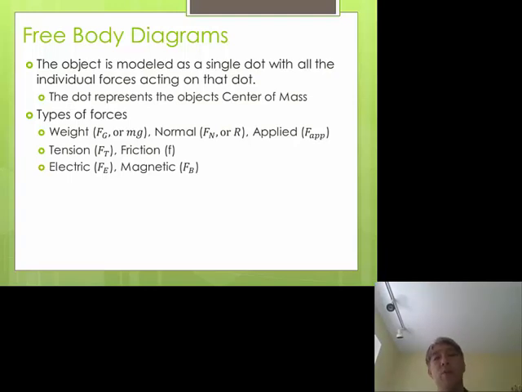The reverse of that would be the reaction force. Certainly we have applied forces, tension, friction we'll be looking at, and the other two field forces, the electric force and the magnetic force. And so all of these forces can be drawn on our free body diagram. If it's not one of these 7, most likely you're confusing something. It's almost always got to be one of these 7.